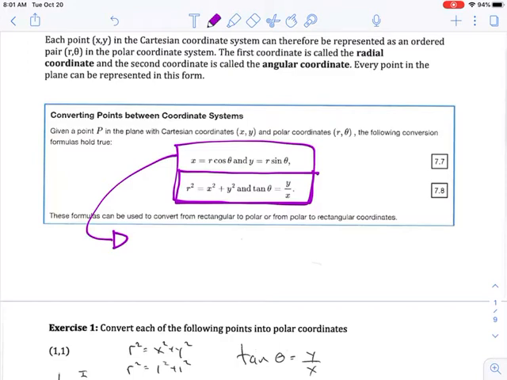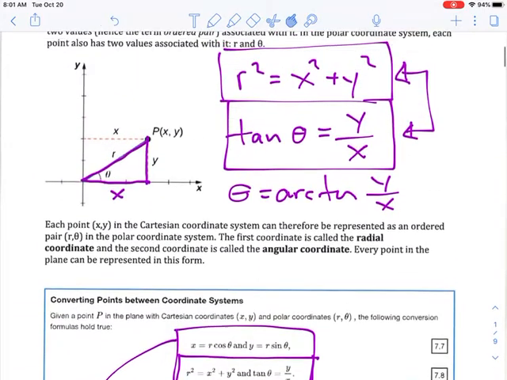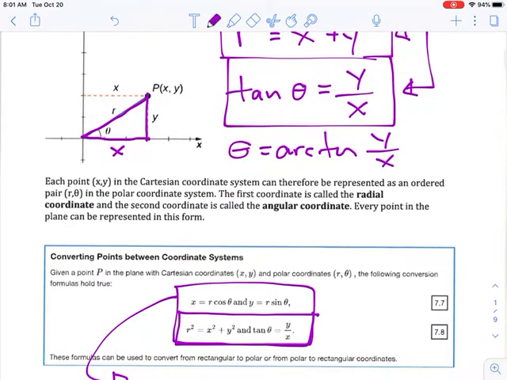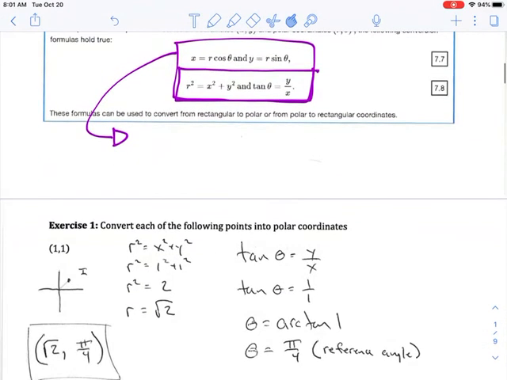So if we go back to our right triangle trigonometry, there's our right triangle. We can see that the sine of theta would be equal to the opposite side over the hypotenuse, and that the cosine of theta would be equal to the adjacent side over the hypotenuse, and that's essentially where these relationships are coming from.